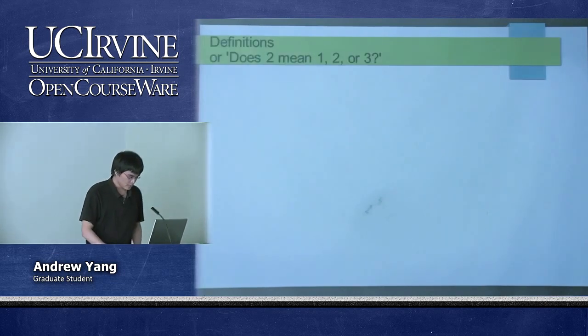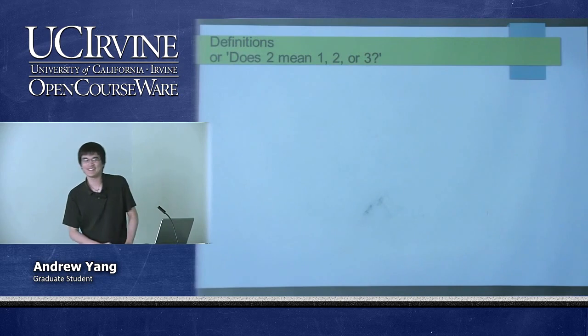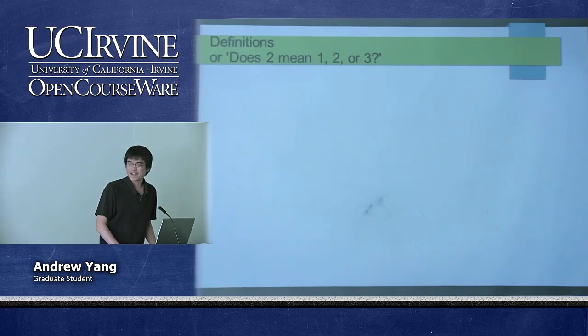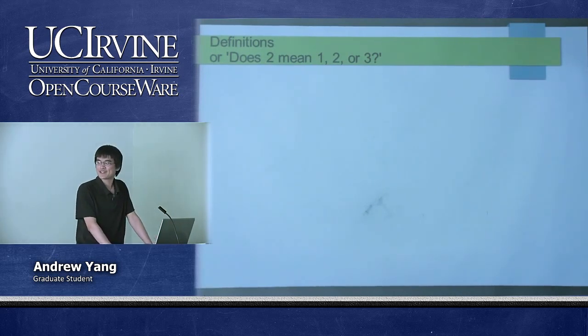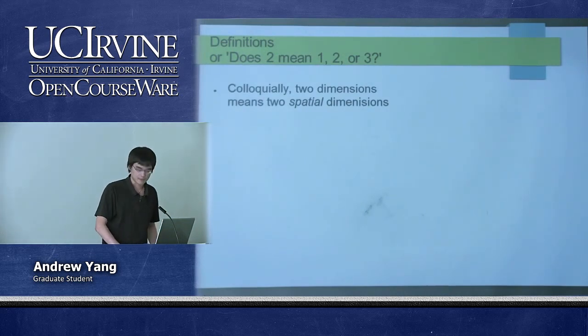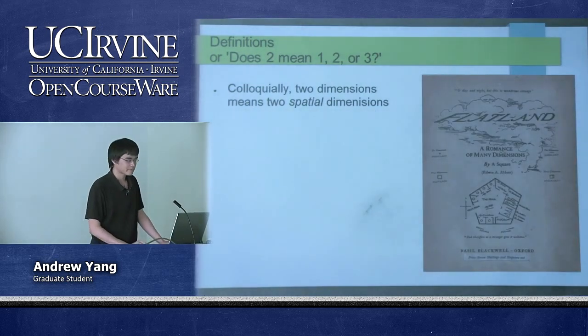So when we start with two-dimensional gravity, we have to be careful and explain what we mean by two-dimensional gravity, because there are actually several different ways of interpreting this. When we usually talk about two dimensions, we mean two spatial dimensions, such as flatland.